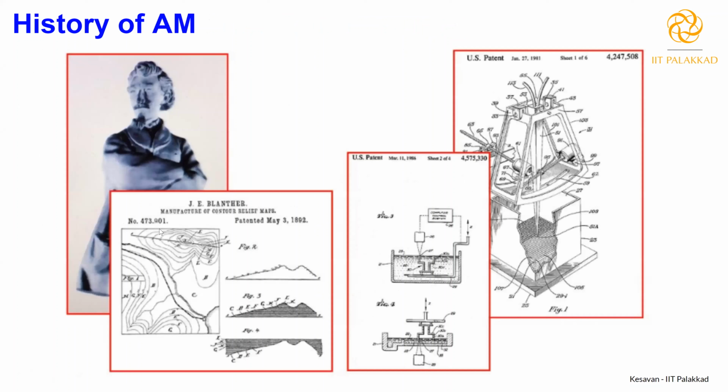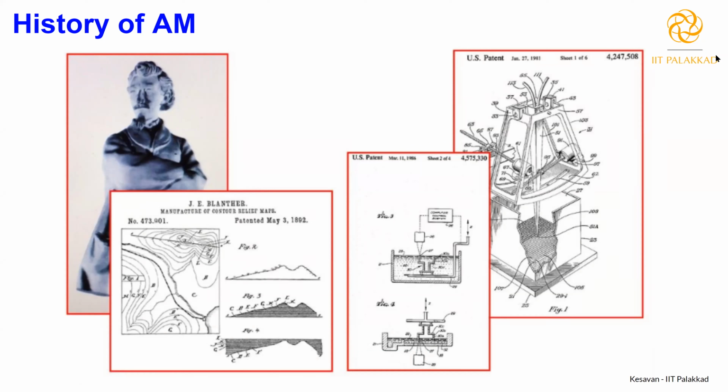And you see, this is the first patent. Like you are seeing, this is the contour of a landscape they made by using wax, right? And this is the sculpture, the first sculpture, which was processed by 3D additive manufacturing. So this is all the very early stage of the development of AM components.